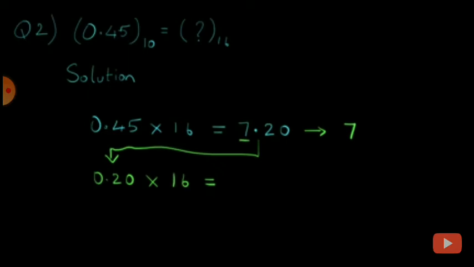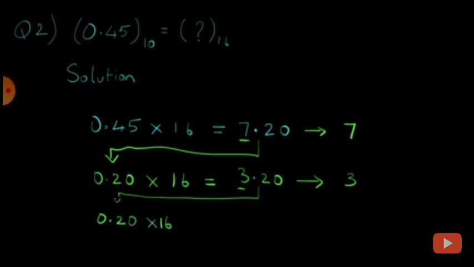So 0.20 into 16 is equal to 3.20. So we write the integer part and ignore it for the next iteration. And for the next iteration we again have 0.20. Now if we multiply this with 16, we'll again land up with the value 3.20.